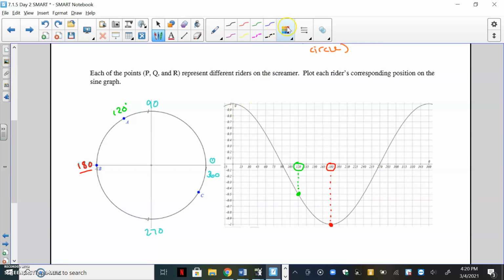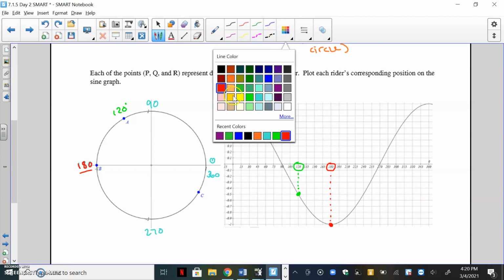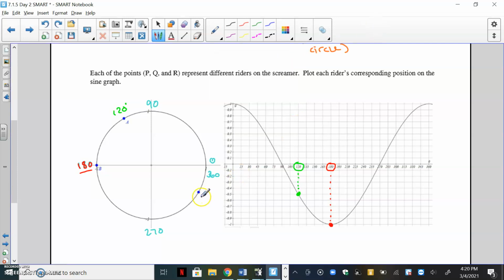That one is looking like it's at about 360, or sorry, not 360, 330. So I'll find 330 on my axis, and I'll trace it to my graph. And again, I just eyeballed it. I kind of looked at it and I was like, that looks like 330, that looks like 120. And you can kind of tell because we're only focusing on those 3 dots in the middle. And that's it. You're done with that problem.